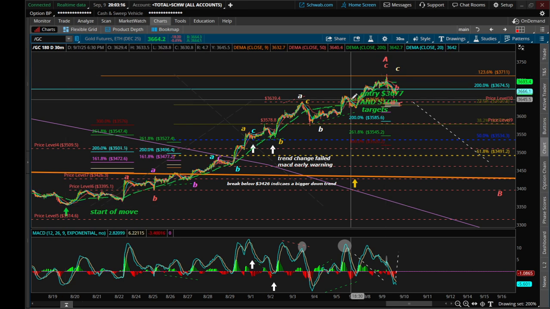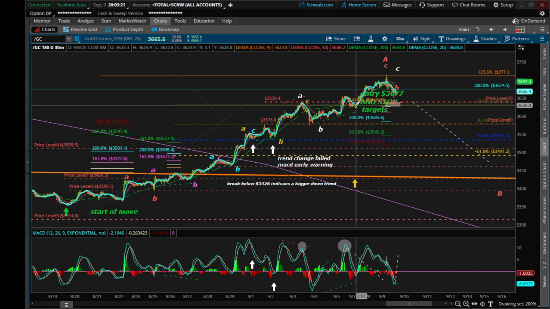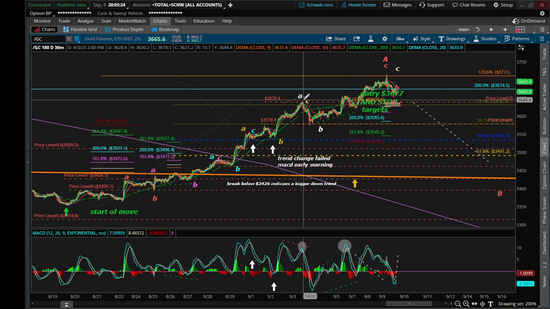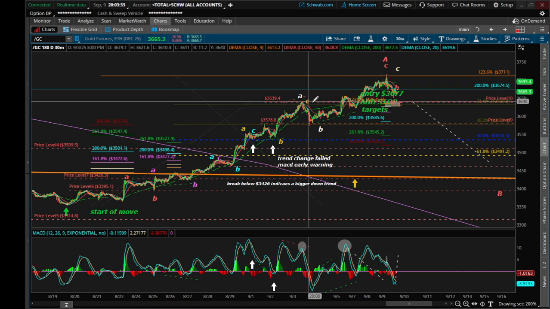A couple days ago, I thought the turnaround was here, mainly because we were starting to overlap this A leg, but I was a little premature on reading the MACD and the divergence, so it was subtle.